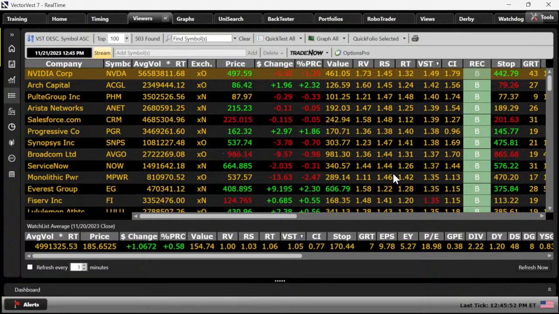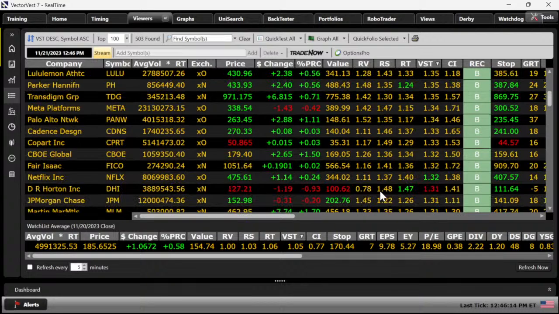Fundamental analysis with VectorVest is easy. It's just a matter of reading numbers. Okay? Just a matter of reading numbers. Price to value comparison. RV above 1, RS above 1, and when you're looking at a list of top VST stocks, that's what you're going to see for the most part. You're going to see all these.